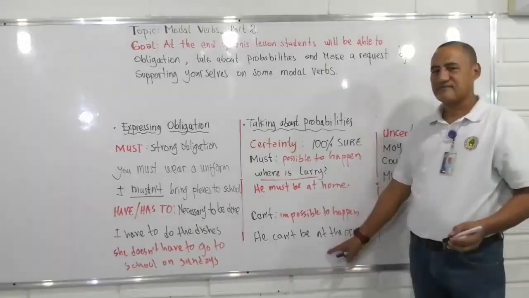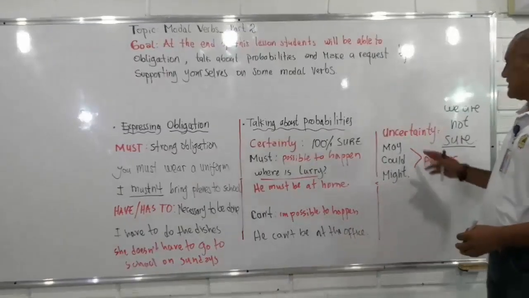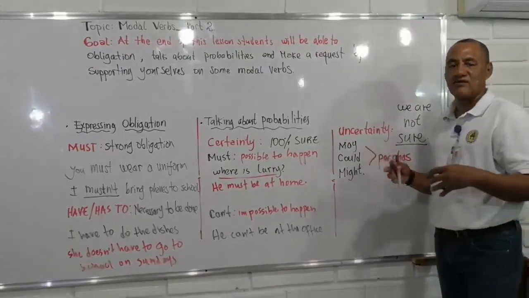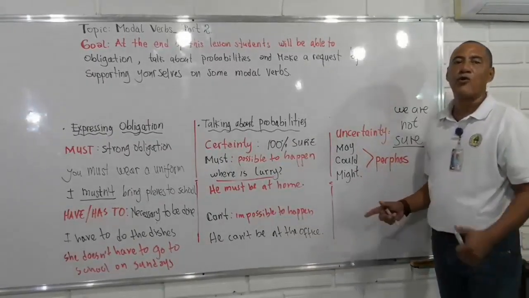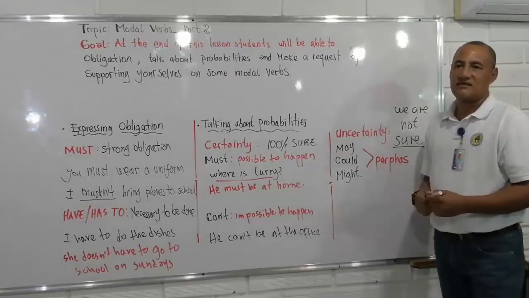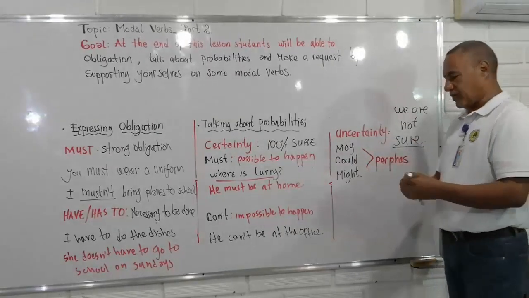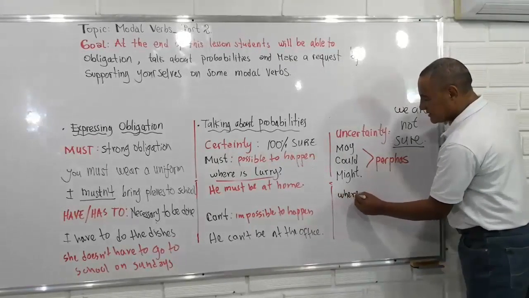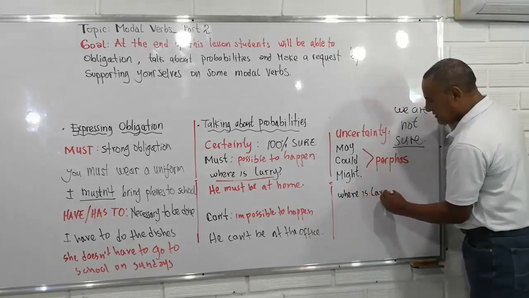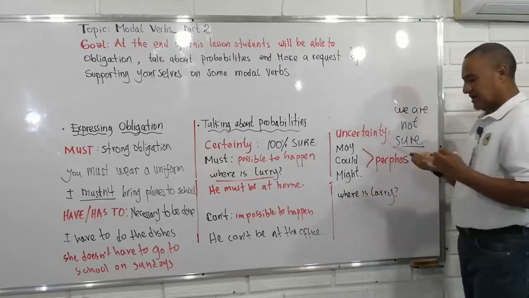Alright? Good. And now uncertainty. Uncertainty cuando no estamos seguros. We say may, could, might, podría. Alright? If I go with the same example and I say, where is Larry? ¿Dónde está Larry?